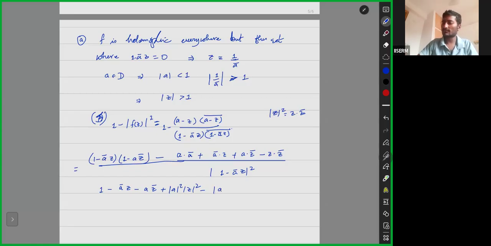So this is mod a square plus a bar z plus a z bar minus mod z square. So these two get cancelled.